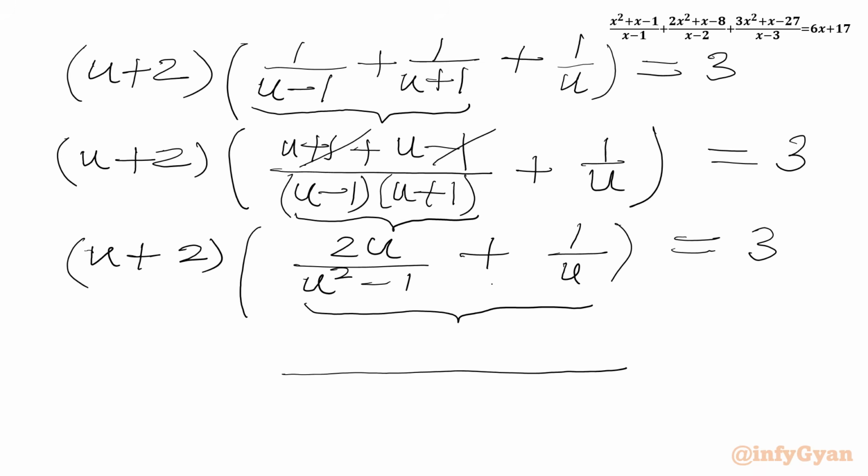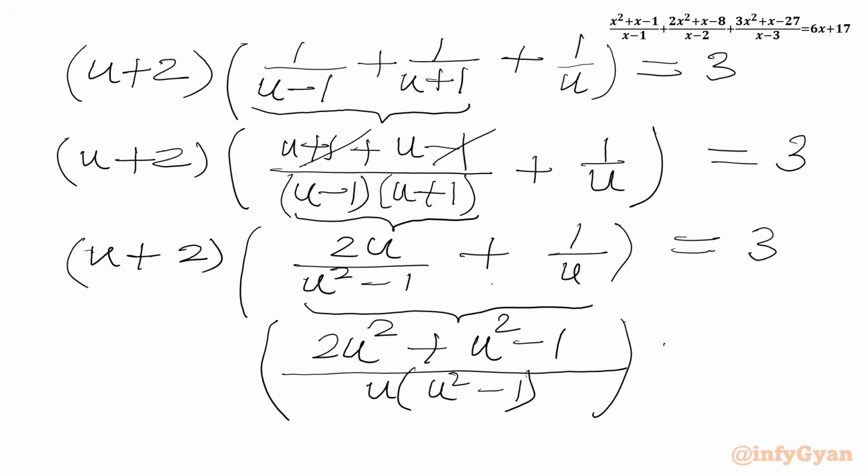So we will be writing here u times u square minus 1, and in numerator we'll write 2u times u, so 2u square plus u square minus 1. In RHS we'll write 3, and this coefficient is u plus 2. Now in numerator we'll be getting 2u square plus 1u square is 3u square minus 1. In denominator we have u times u square minus 1.